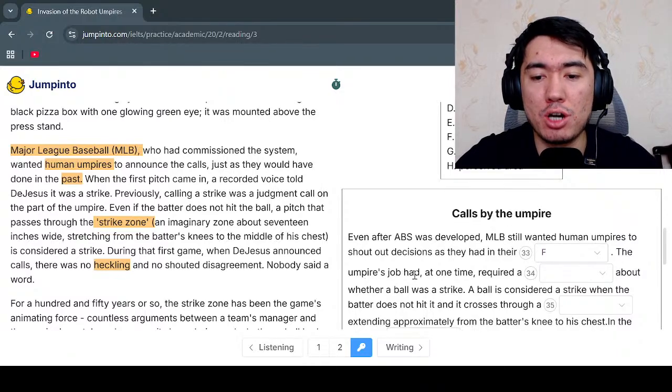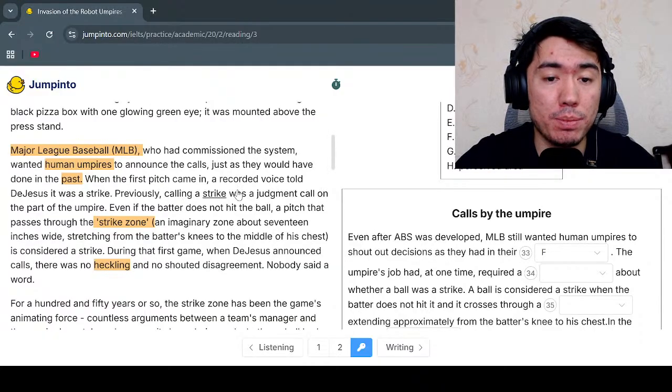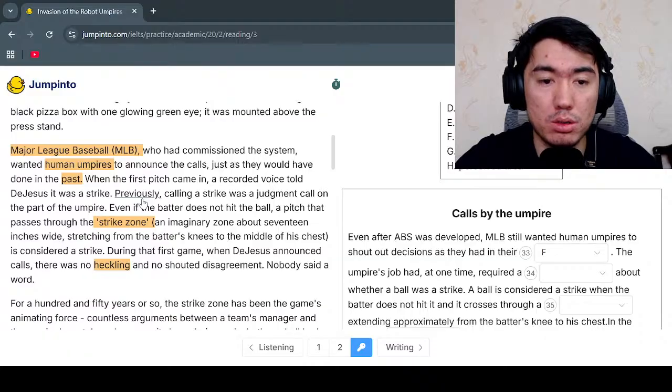The umpire's job had at one time required a judgment call about whether a ball was a strike. Previously, calling a strike was a judgment call on the part of the umpire, even if the batter doesn't hit the ball. A pitch that passes through the strike zone is considered a strike. Announced calls, there was no heckling and no shouted disagreement. Nobody said a word.